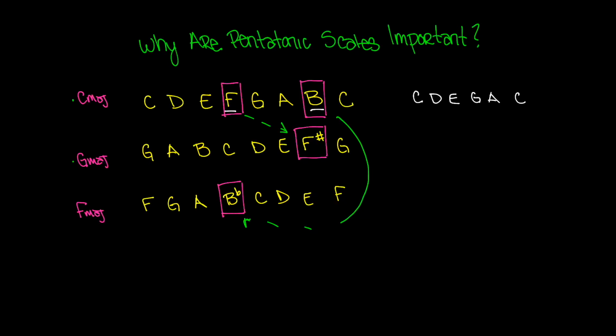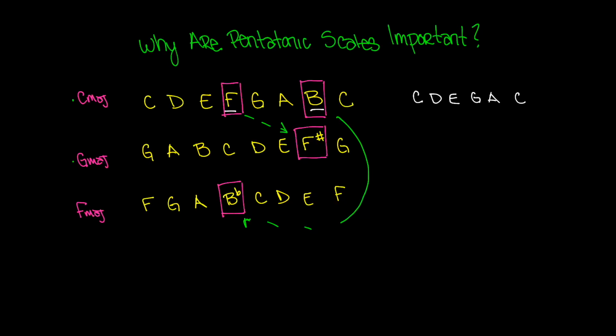If I don't have any sort of B, I can't tell whether the key is from C major or from F major. There's no possible way for me to tell. So here's the deal: if I don't have F or B, I can't tell if this scale comes from G or F or C. I simply cannot tell.